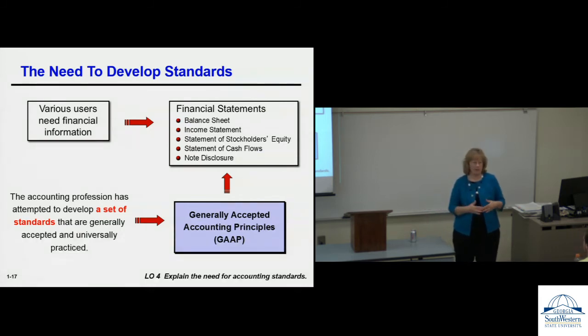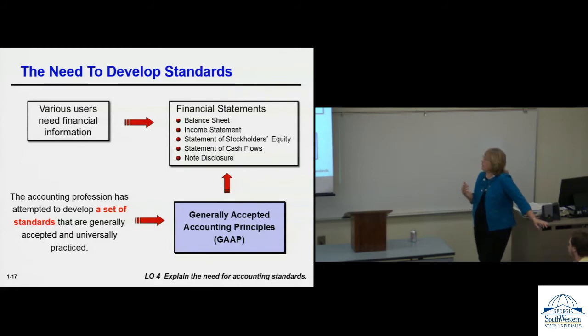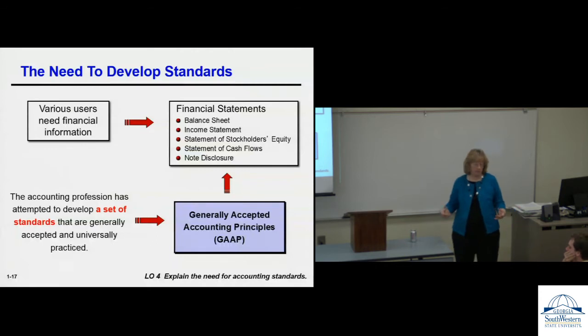The criteria that's used is accounting standards, or generally accepted accounting principles, GAAP. Are y'all familiar with that term, GAAP? Generally accepted accounting principles. That is a set of standards that financial statements are created by, and they have a bunch of rules.